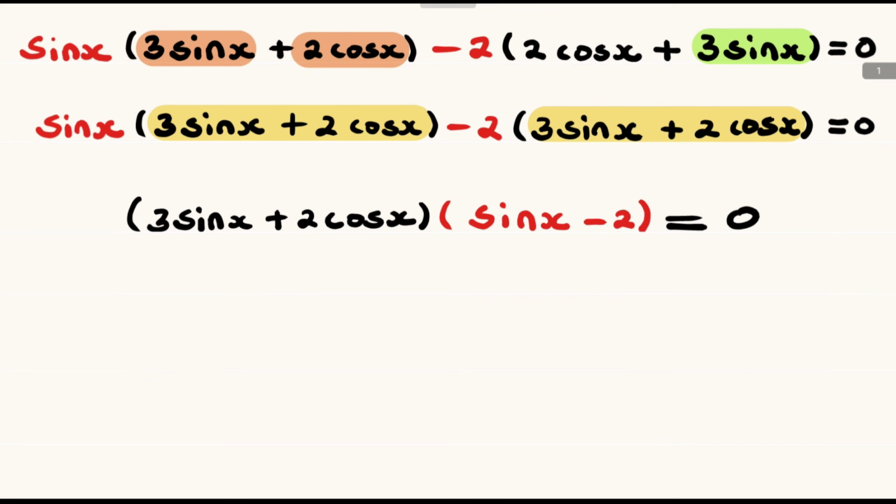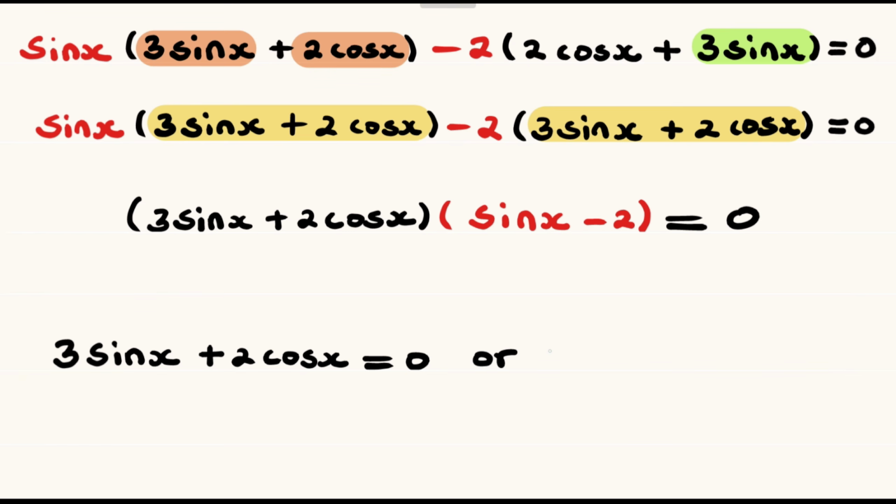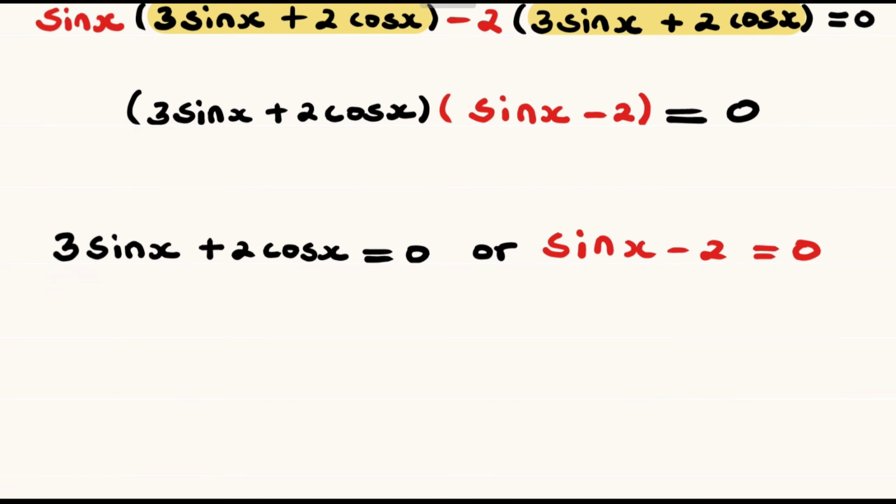From here we equate to 0, so we have 3 sin x plus 2 cos x is equals to 0, and we have the sin x minus 2 is equals to 0, and we have 3 sin x.